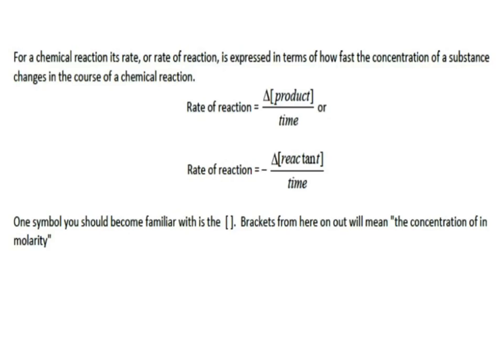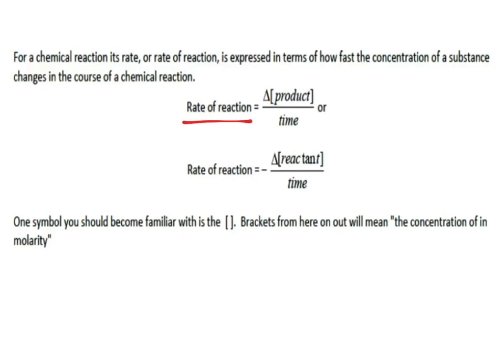But the change in distance over time, okay? So that's what we're going to be doing here. We're going to look at the rate of the reaction, and we're going to look at the change of product concentration over time, and the change of reactants over time.